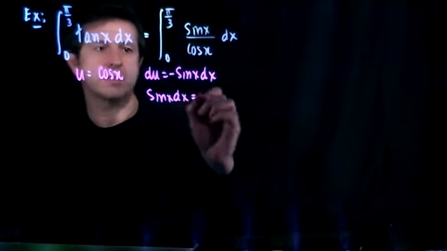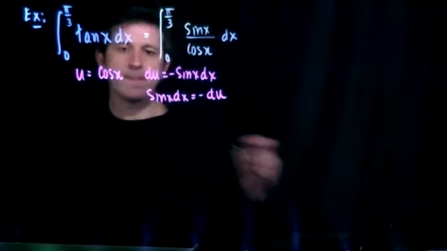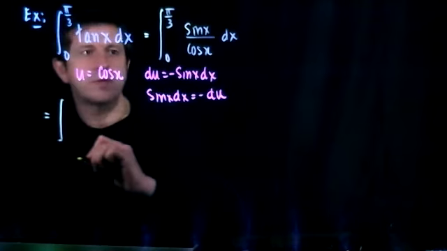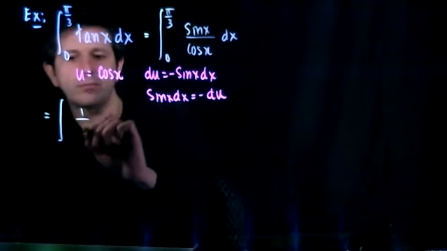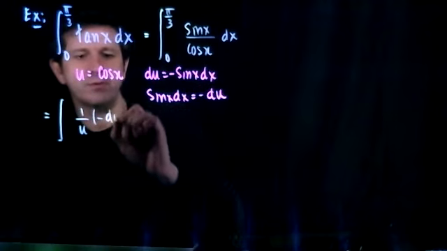Sine x dx is negative du. So it equals the integral of 1 over u times sine x dx, which is negative du. Okay?